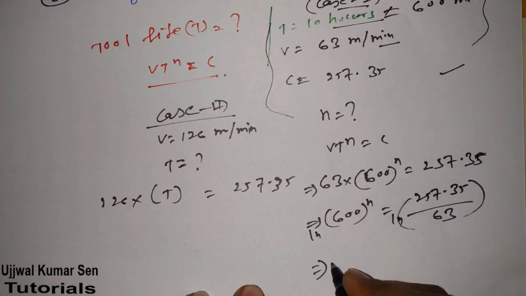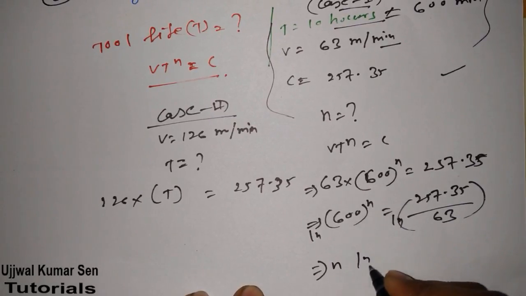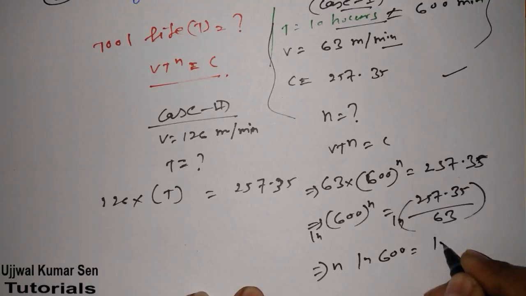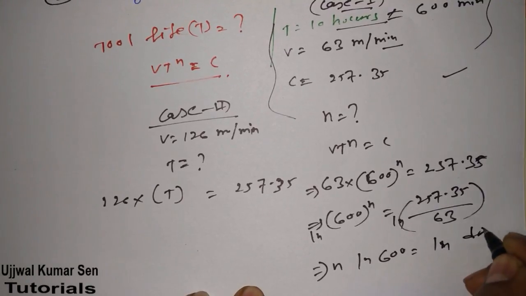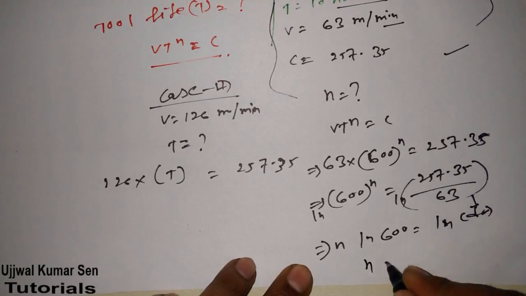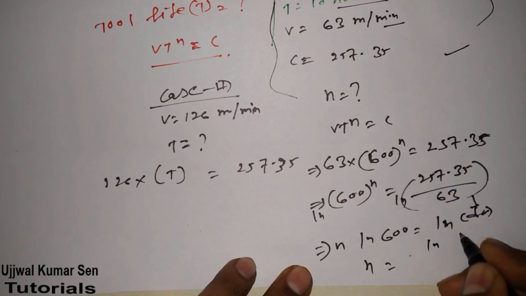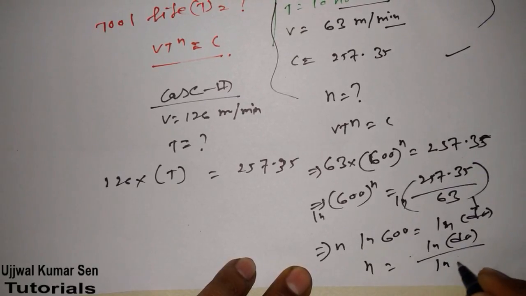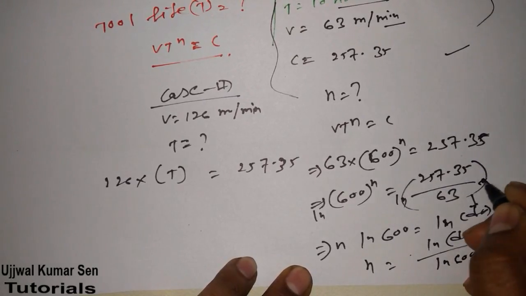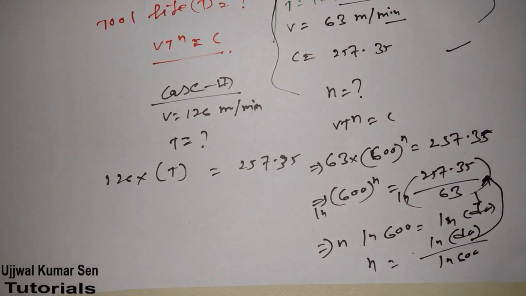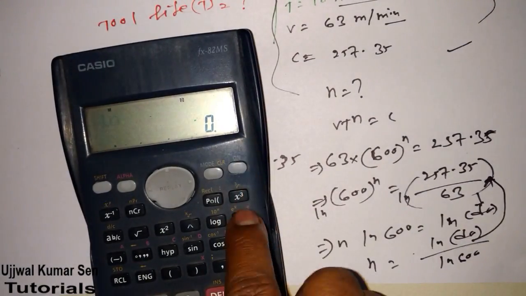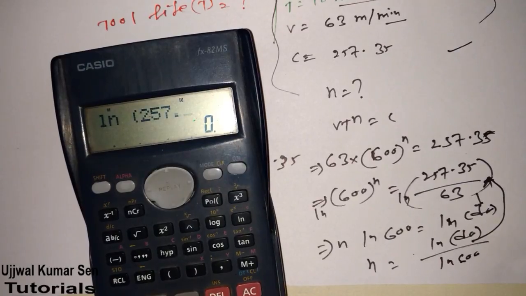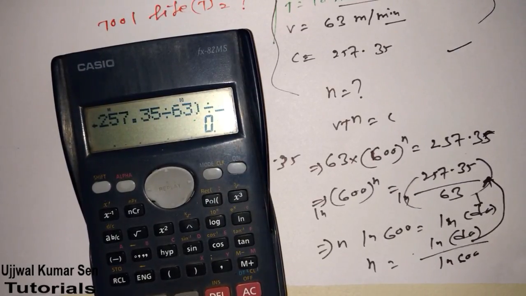So n comes out: n natural log 600 equals natural log of the right side value. So n is equal to natural log of 257.35 divided by 63, divided by natural log 600.